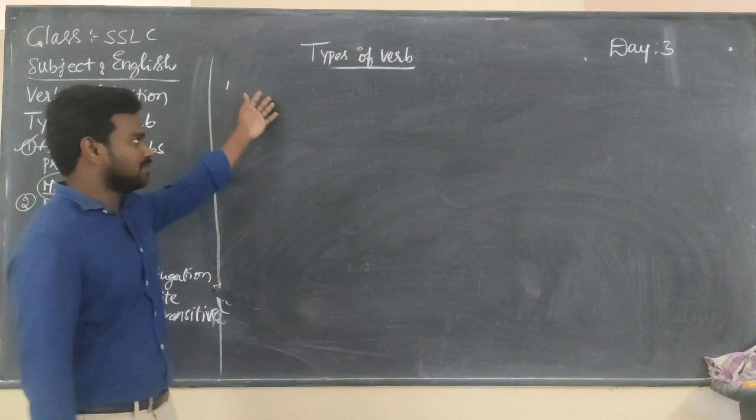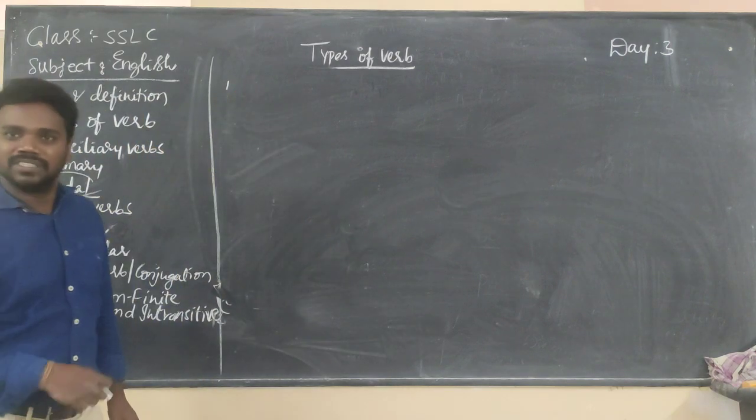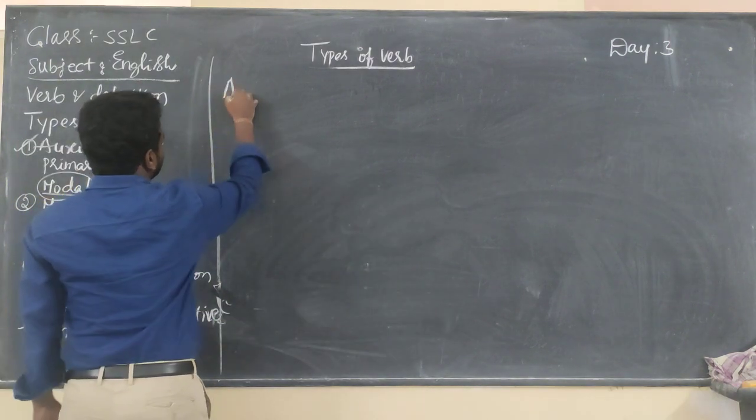Before starting the types of verb, let us recall the definition of a verb once again. So here a verb is a word. What is a verb?